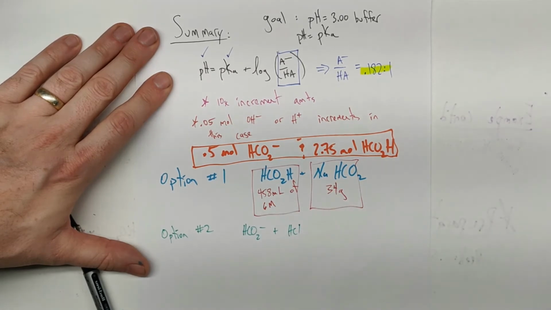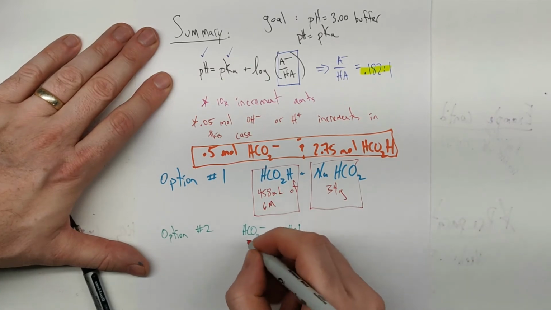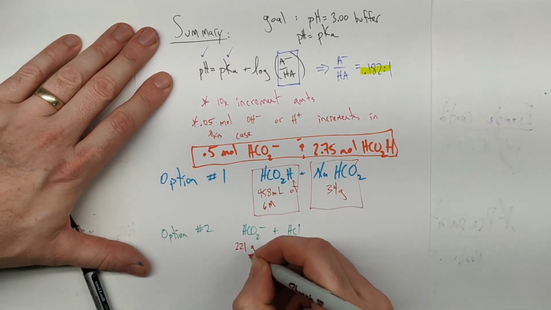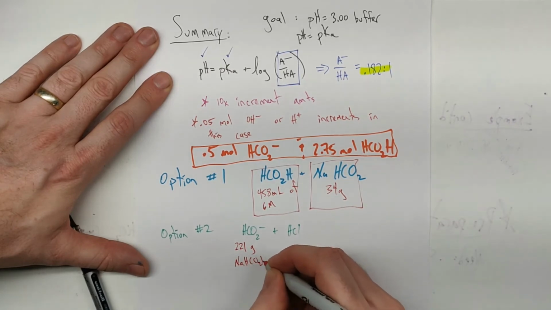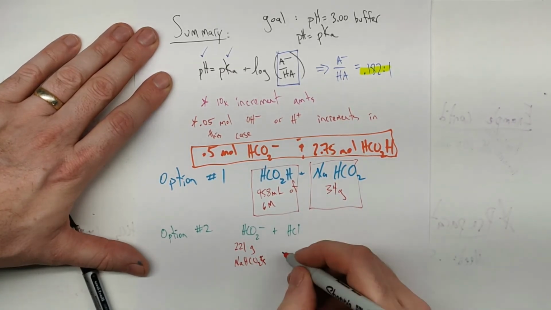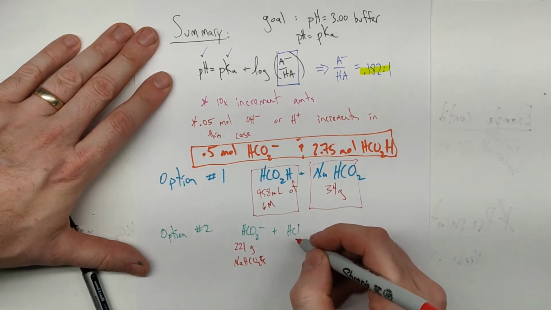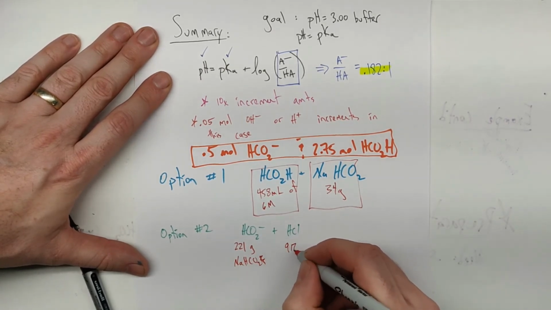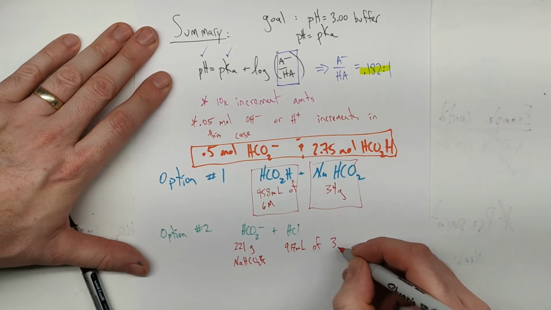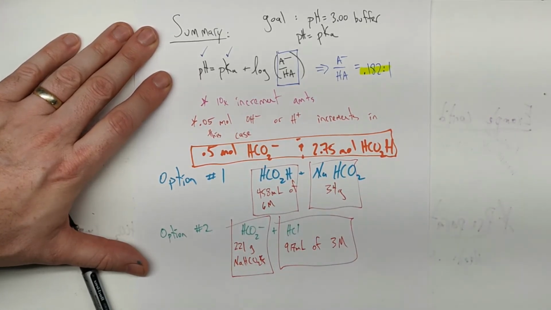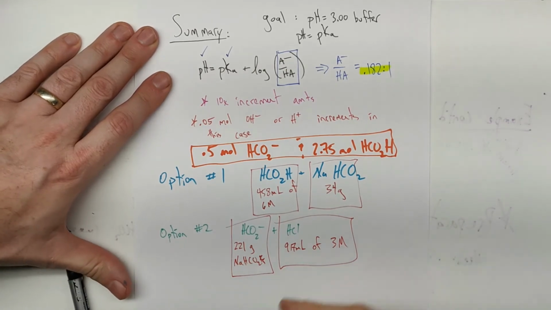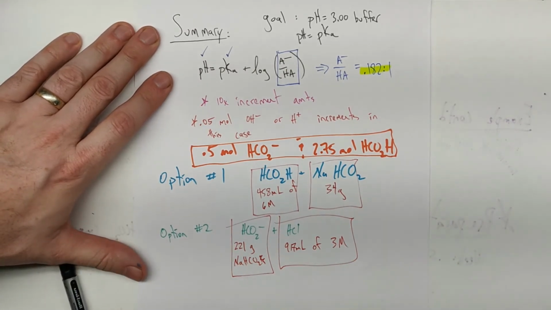And in this particular case, the amounts we ended up using were 221 grams of NaHCO2, and then for our HCl, 917 milliliters of 3 molar. And you can mix them to make any amount you want. We chose 1.5 liters in both of those examples, just arbitrarily.